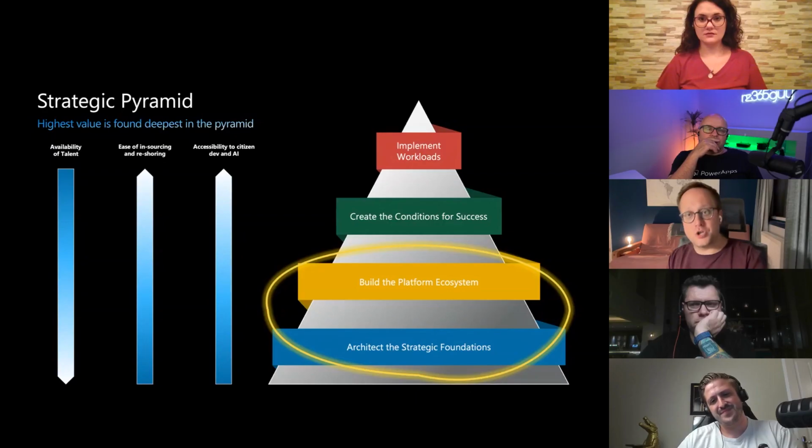By definition, implementing workloads. Some of them are going to make a successful transition, I think, and start to look more and more like an Azure partner, right? Where they dive deeper into the pyramid. But the ones that don't make that transition, I think they're toast.